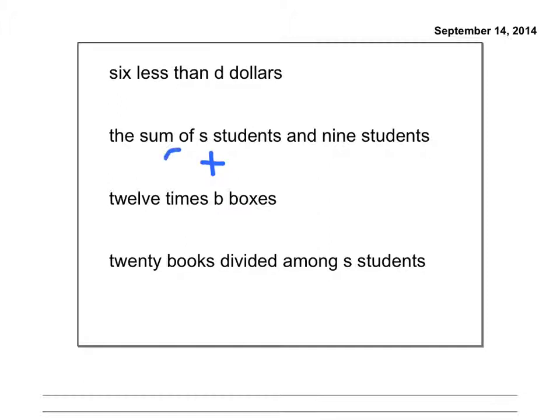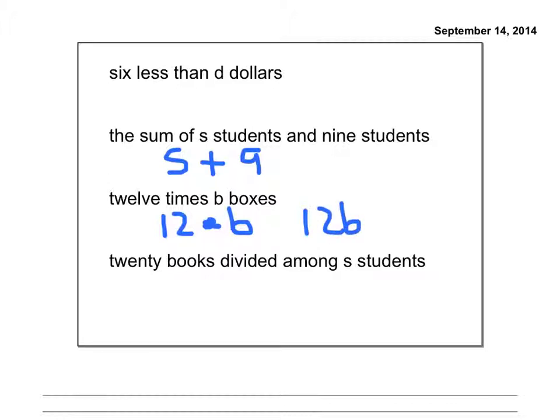S students and 9 students. Okay, 12 times B boxes, or 12B.